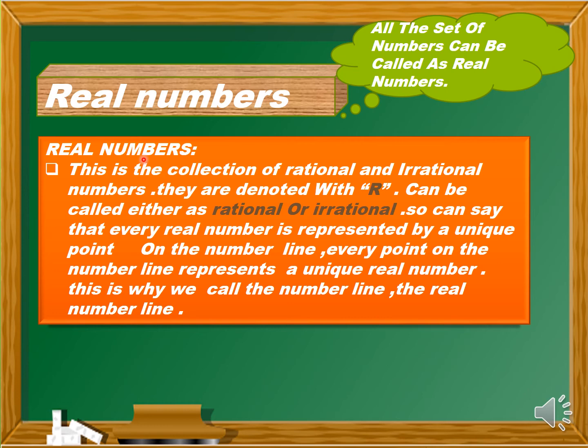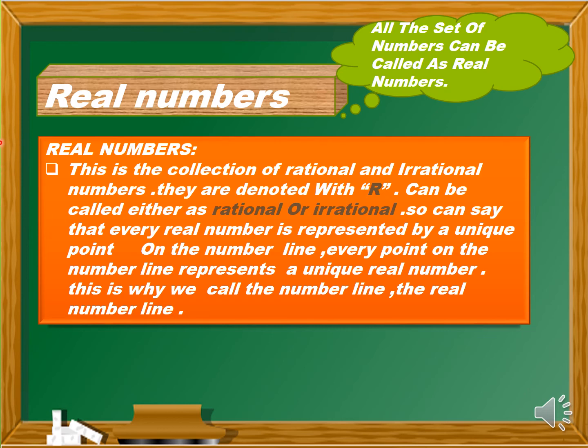So except that, every rational, that is natural, whole and integers, can be seen on the numerator as well as denominator. So they are given as rational, and irrational is the decimal form that you know well. They are denoted with R, because real number starts with R.